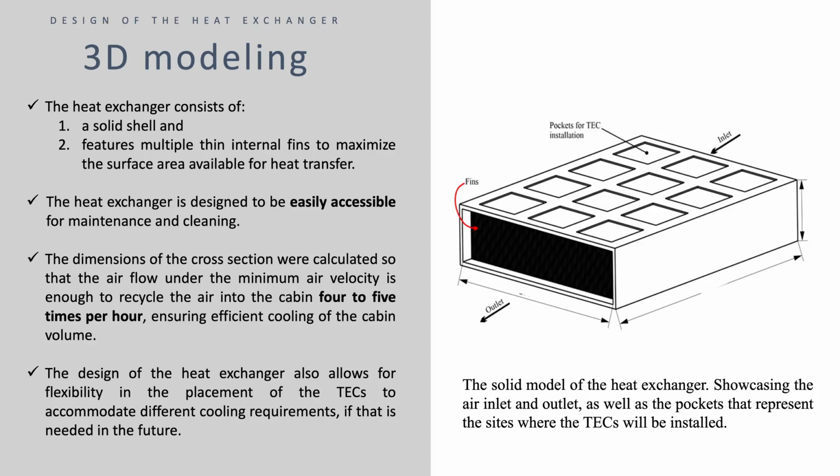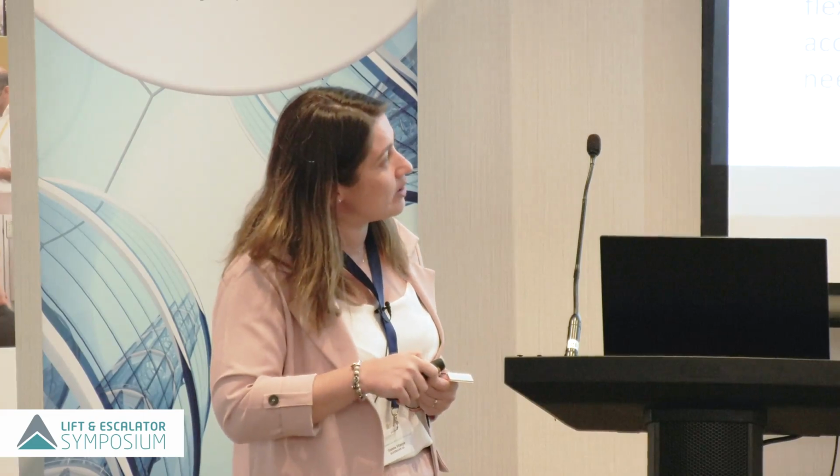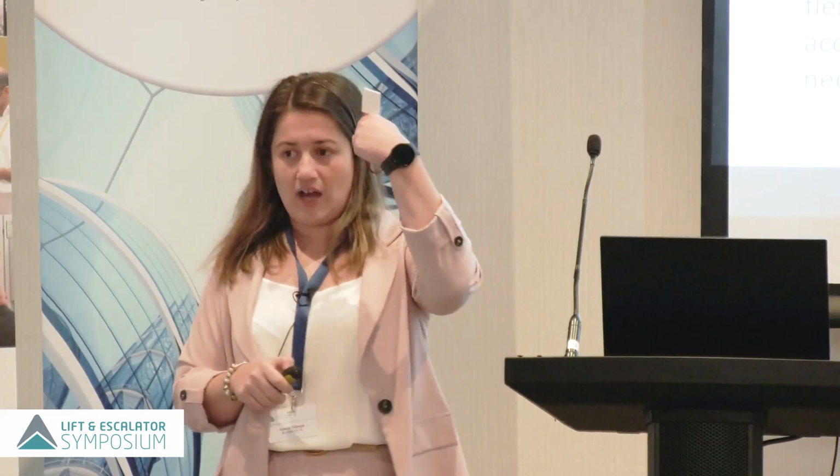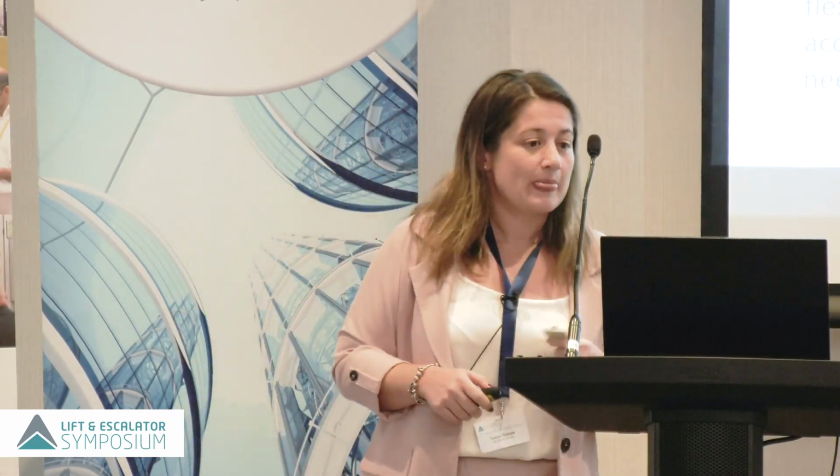The length of the unit is less than 30 centimeters, and the height is less than 10 centimeters, okay? And over there you have the pockets in order to install these elements, okay?